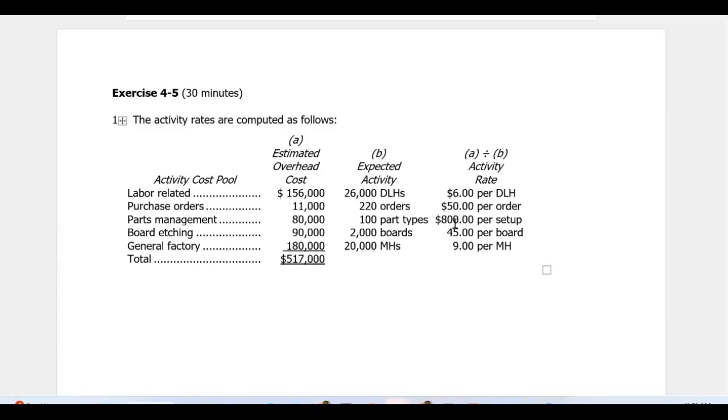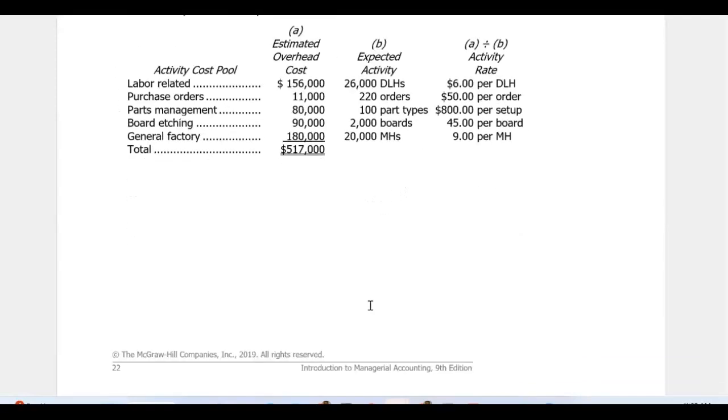For parts, $800 per part type, not setup. Board etching, $45 per board. And general factory is $9 per machine hour. Okay, we did this calculation. Very nice.